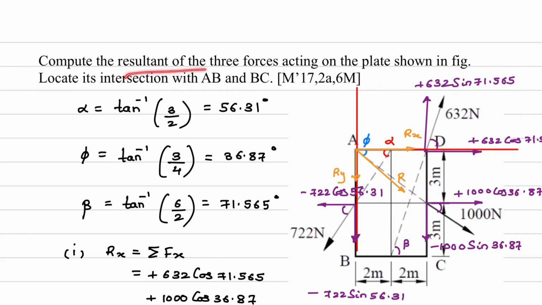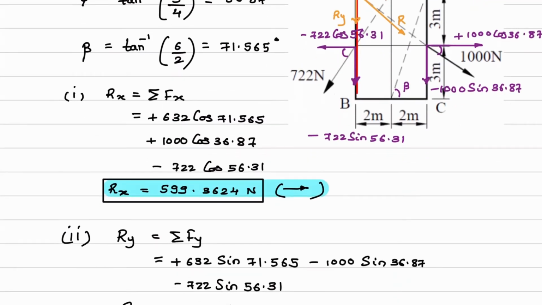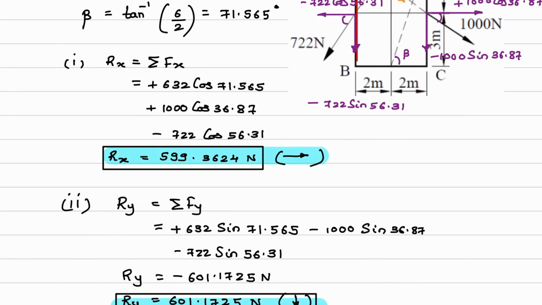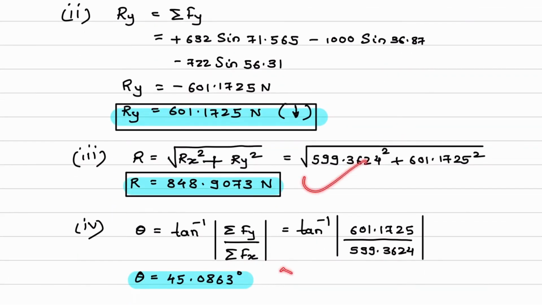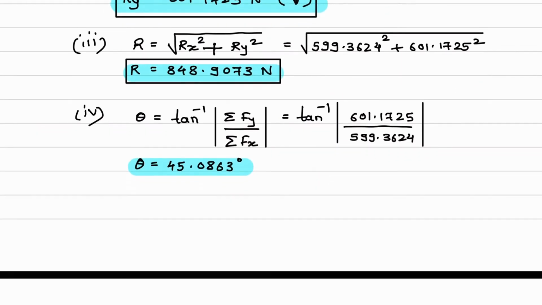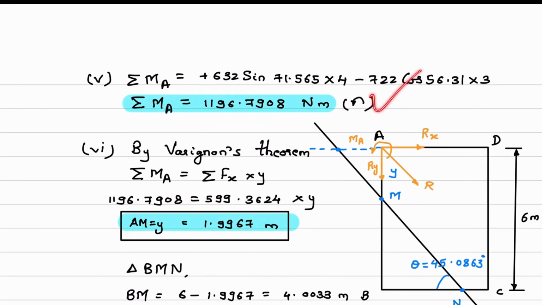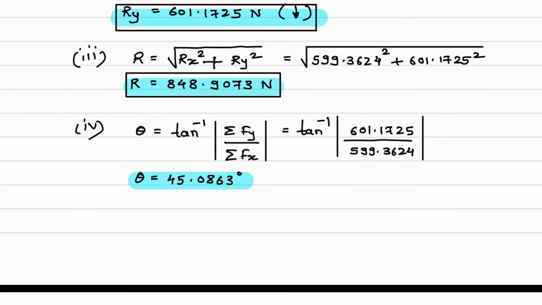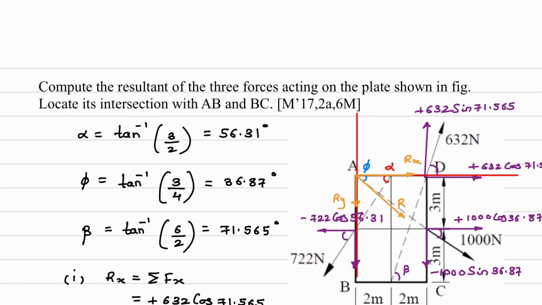To calculate it, we first calculated Rx, then Ry, then the resultant, and then angle theta. Then we took the summation of moment about point A. The next question asked was to locate its intersection, meaning the resultant's intersection with AB and BC.